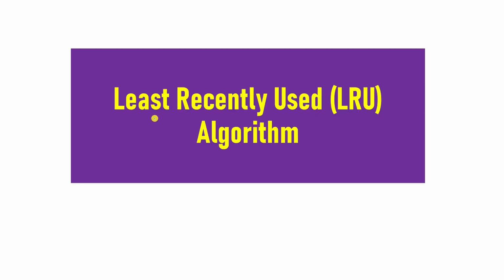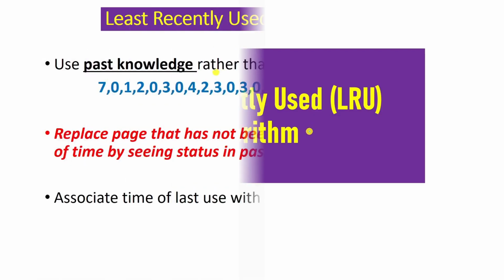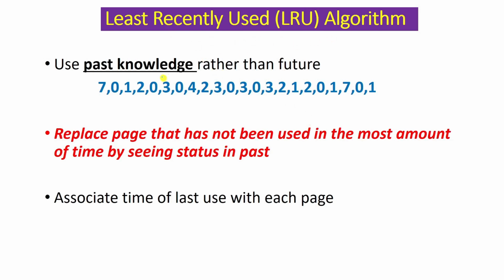That algorithm is the least recently used algorithm. This is somewhat similar to the optimal page replacement algorithm, but we will look in the backward direction. Let's see how we apply this algorithm and how it works. The least recently used algorithm uses past knowledge rather than the future.